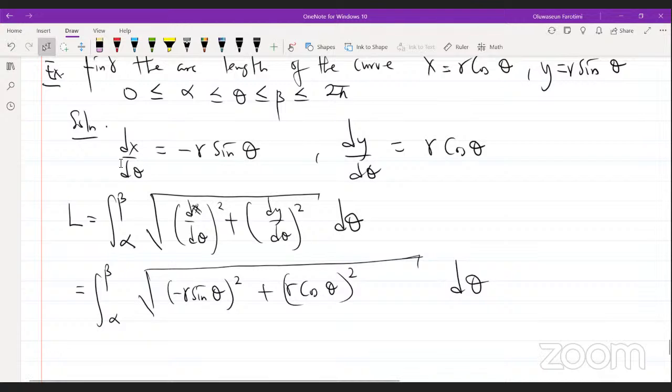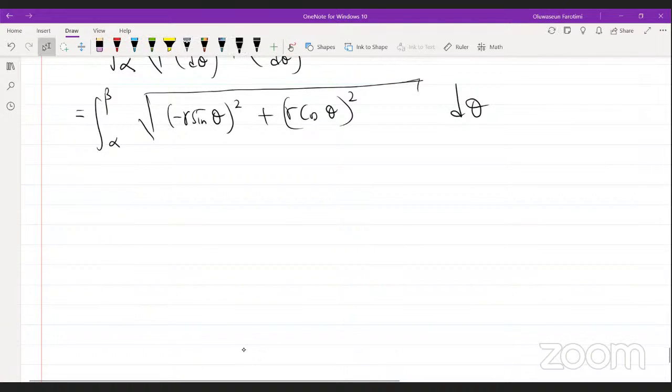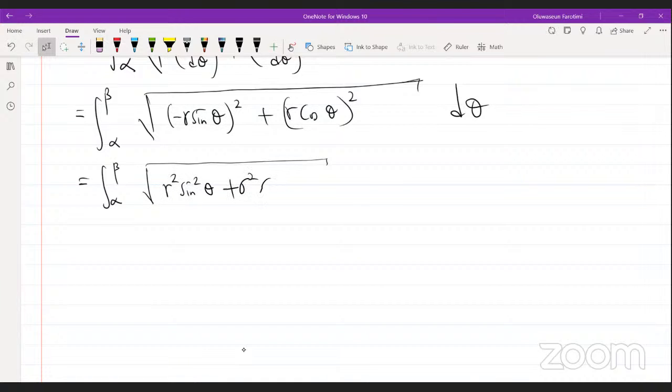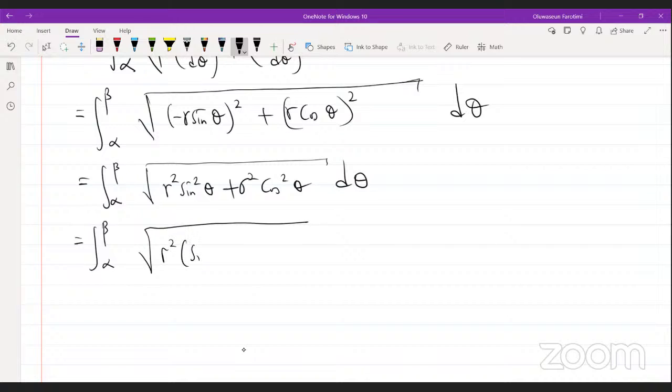Where can I go from here? This is r squared sine squared theta plus r squared cosine squared theta. Don't you think we can simplify stuff? Yes, we can. R squared times sine squared theta plus cosine squared theta, d theta.